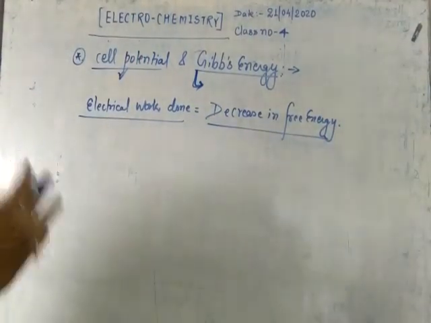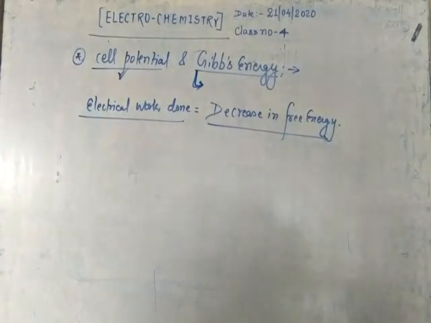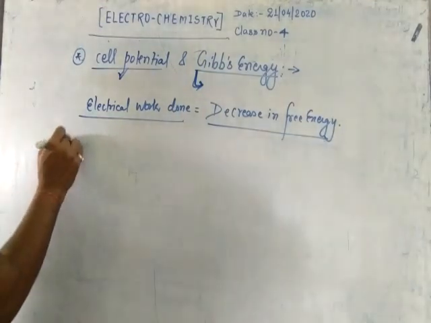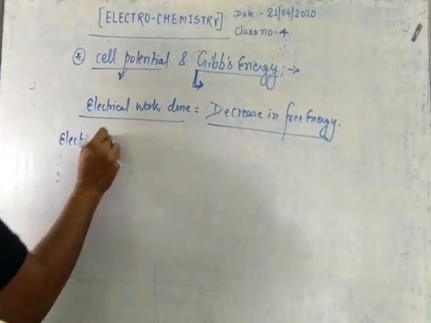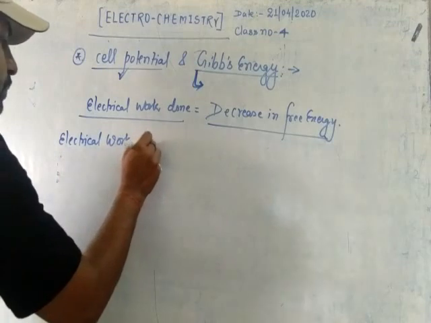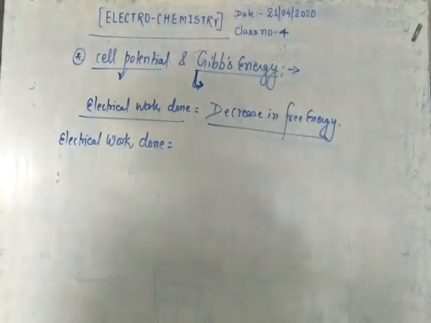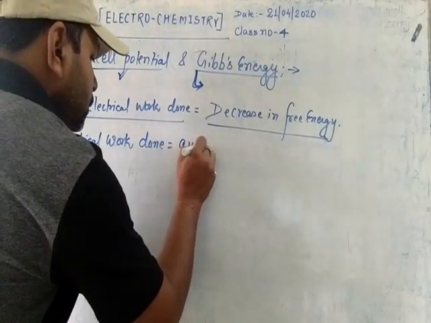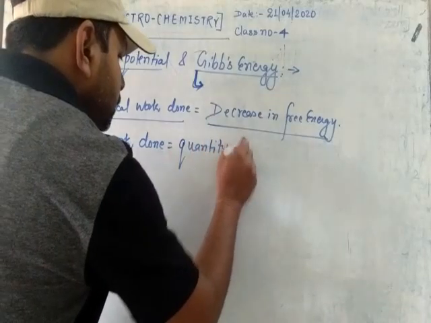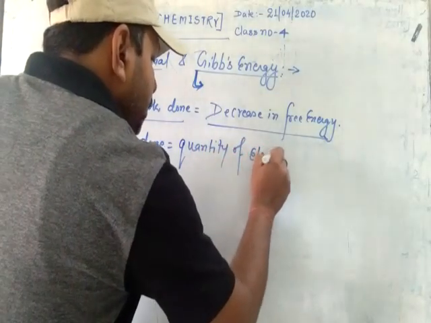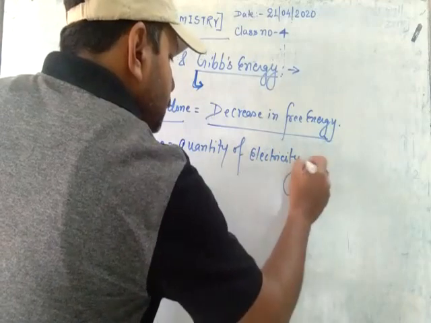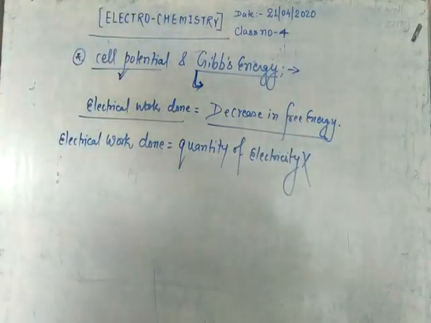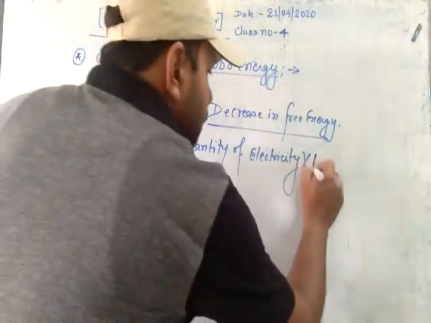So we relate the electrical work done and Gibbs energy as follows. Electrical work done is equal to the quantity of electricity into the EMF of the cell.